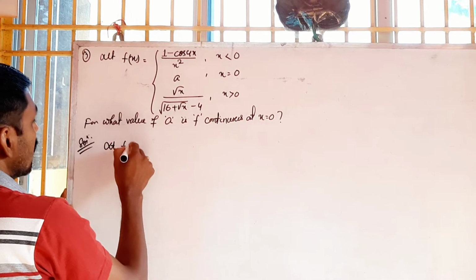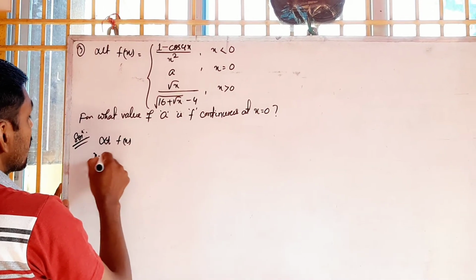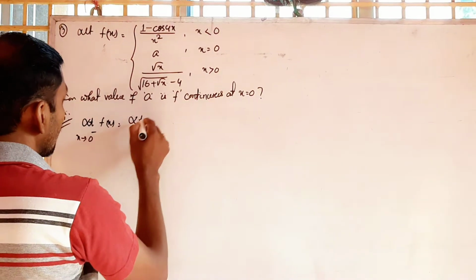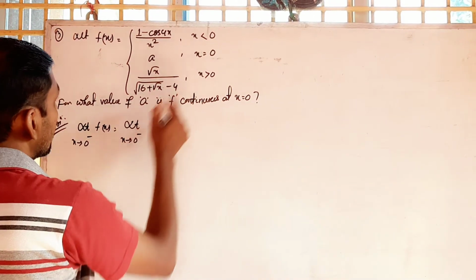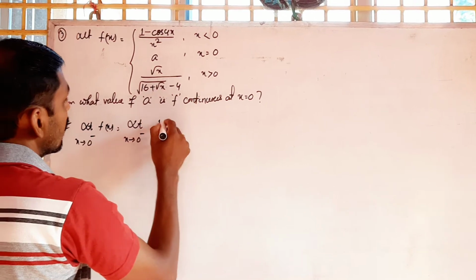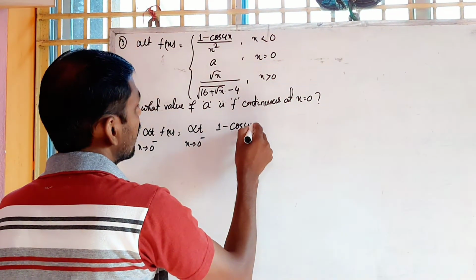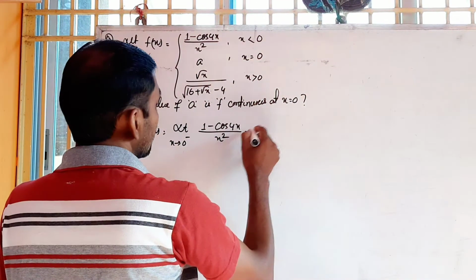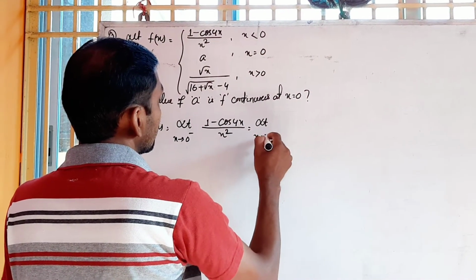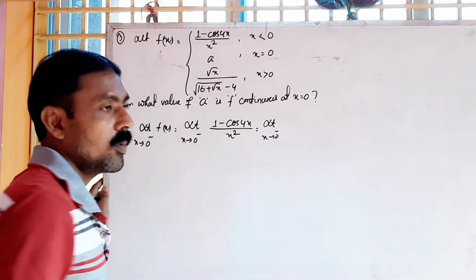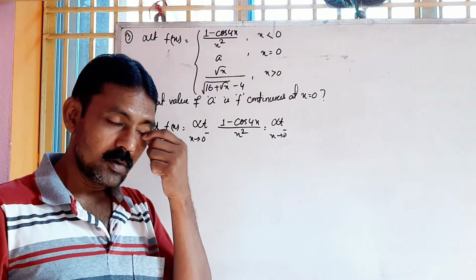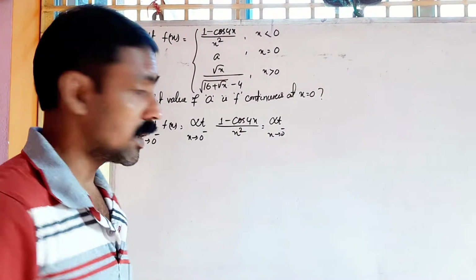So first, the limit of f of x as x tends to 0 minus. For 0 minus, the function is 1 minus cos 4x by x square. So limit x tends to 0. This is in the form of 1 minus cos 2 theta. 1 minus cos 2 theta is 2 sin square theta.